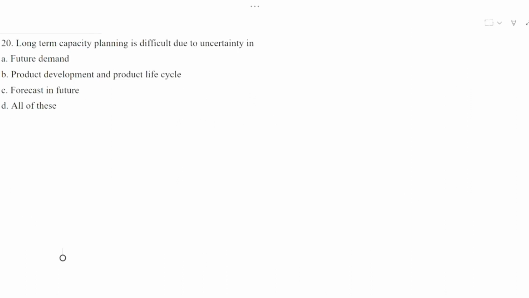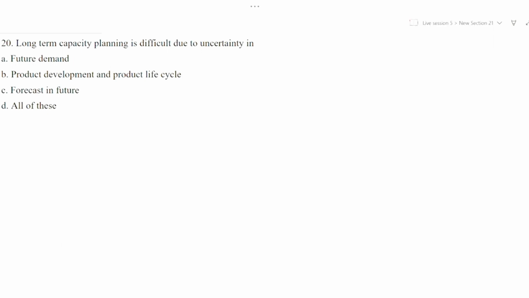Long-term capacity planning is difficult due to uncertainty in, well, short-term capacity planning we read earlier. It was because of some new technology or breakthrough in technology or due to some obsolete technology or some new invention, that was short-term capacity planning.